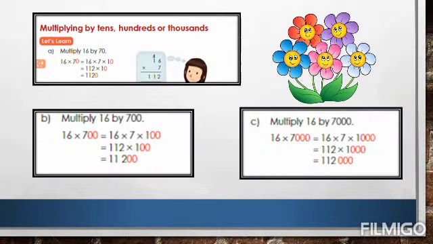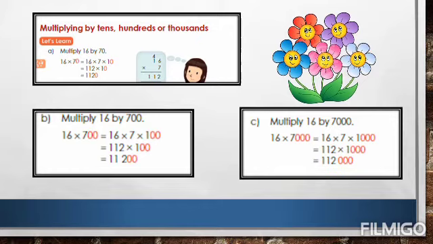Now here, class, we are multiplying by tens, hundreds, and thousands. On letter A, we'll be multiplying 16 by 70. The same, class, we just multiply the non-zero digits.